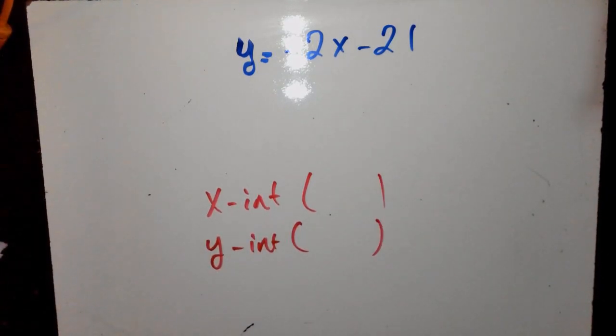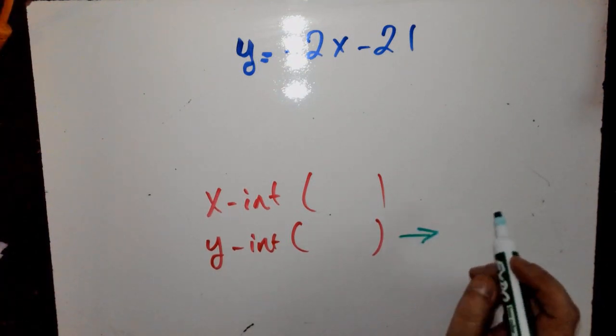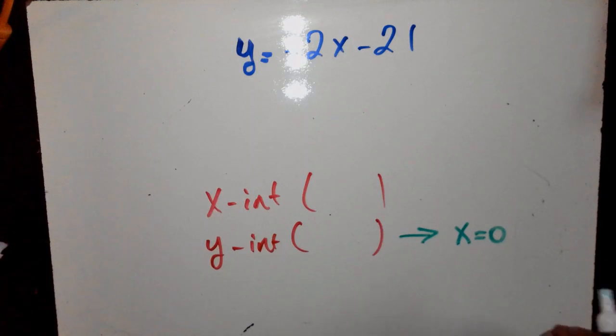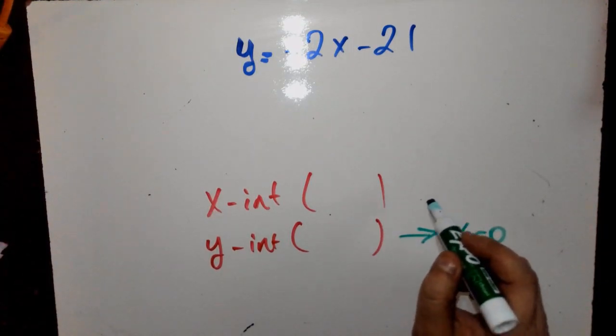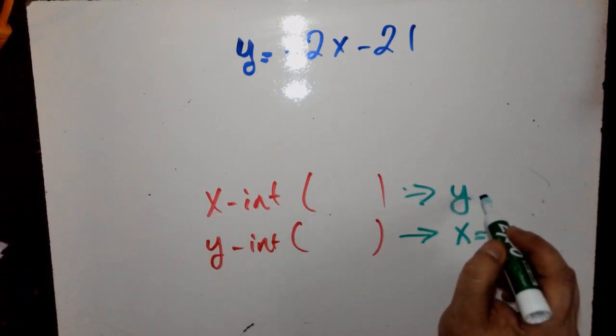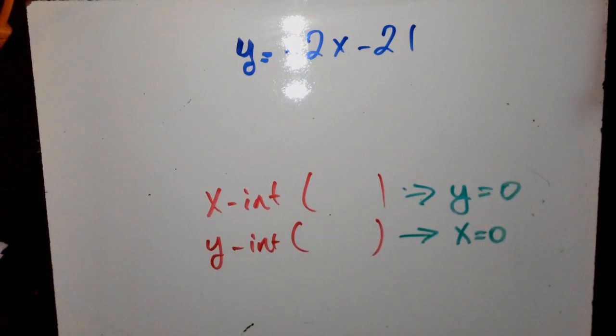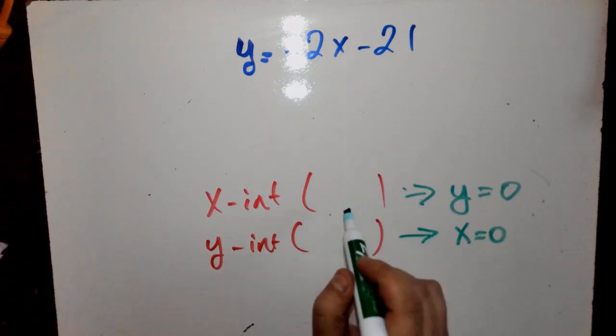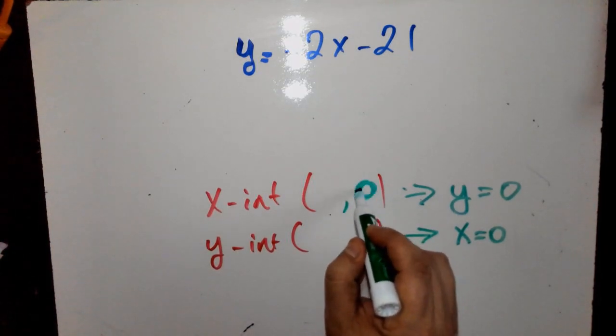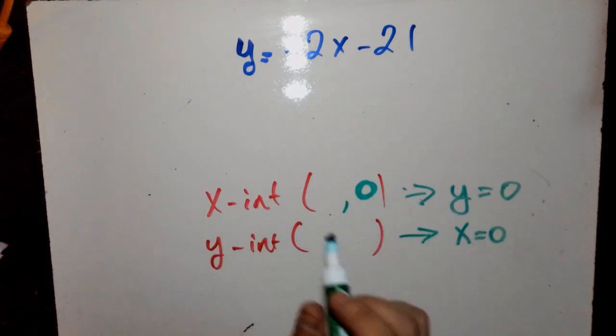We just said what was happening to the x value when I'm talking about the y-intercept: x equals 0. And when I'm talking about the x-intercept, y equals 0. So I'm going to plug in these numbers, and I'm going to solve for the other variable accordingly. So let's find the x-intercept. If y equals 0, what's my x going to be?